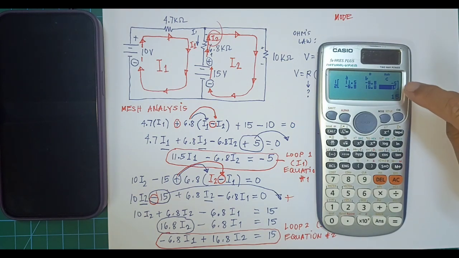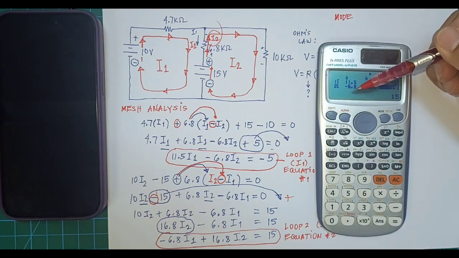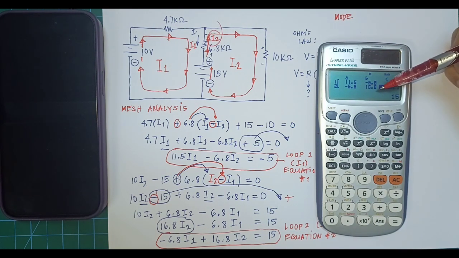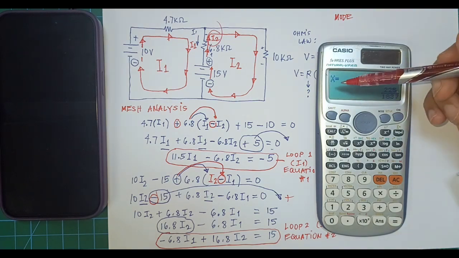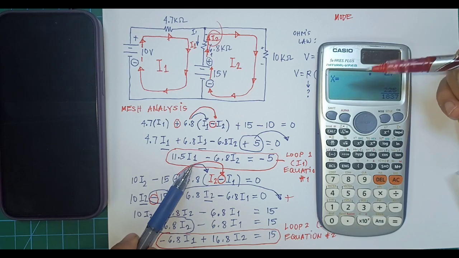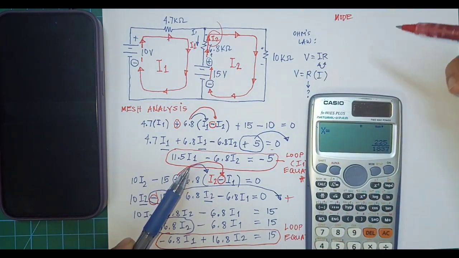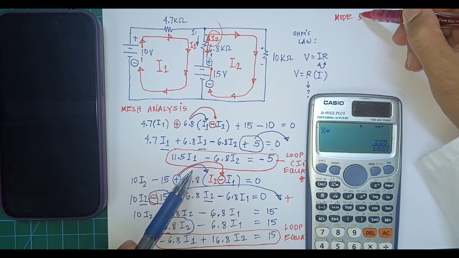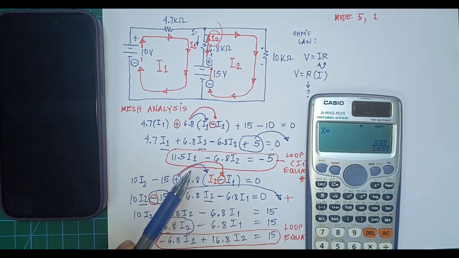There you go, we have minus 6.8, we have 16.8 for the second term, and 15 for the constant. Now all you have to do is press the equal sign, and the X will be representing I1. So what we used was mode 5, and number 1, right?